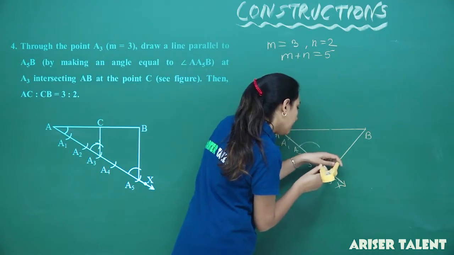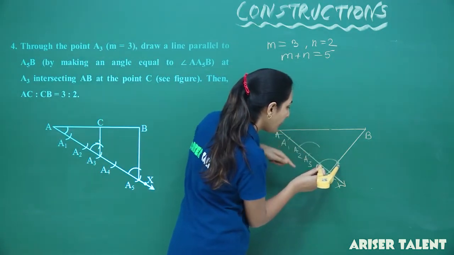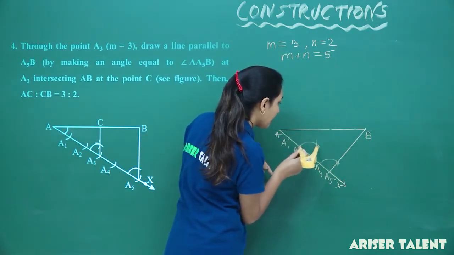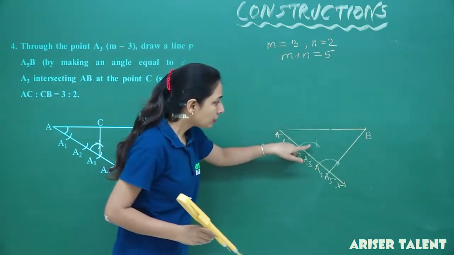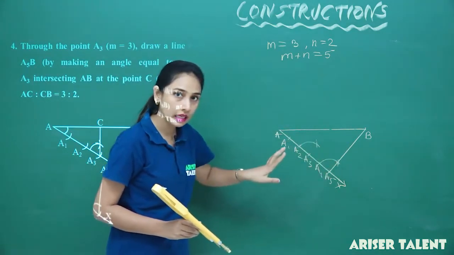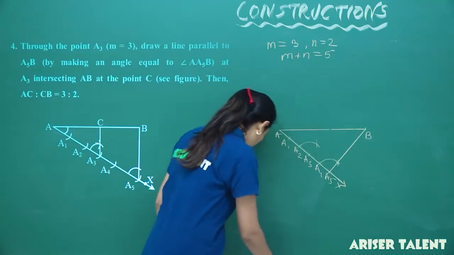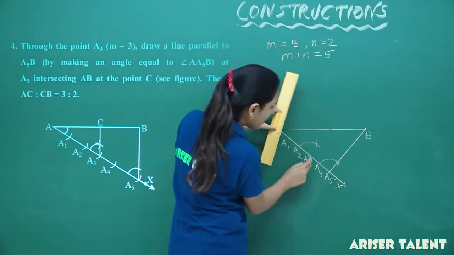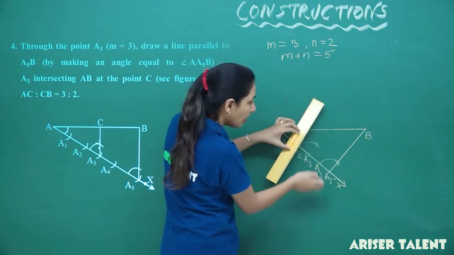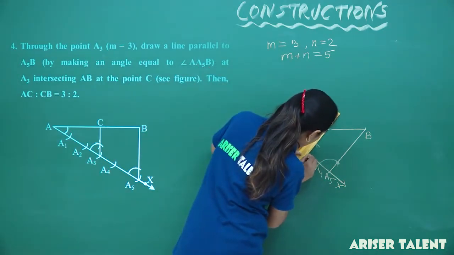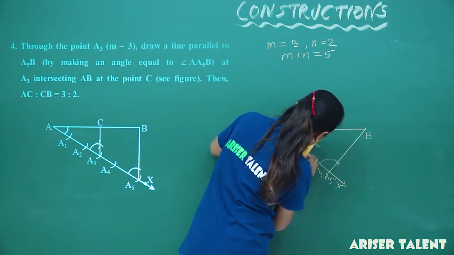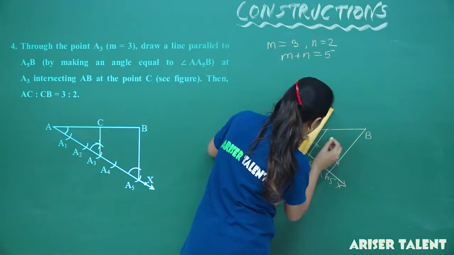Now if I cut that, it gives me the exact point. I will transfer it here and have the exact point, right? So now this angle will be equal to this angle, right? So what are you doing now? You will join this A3 point to the point you have created and make a line here.